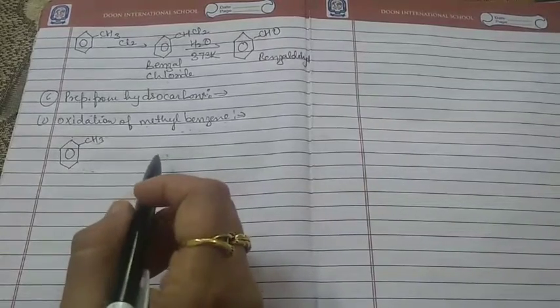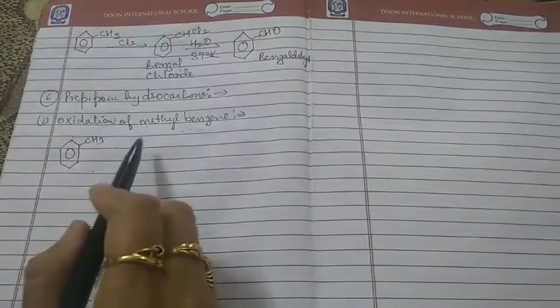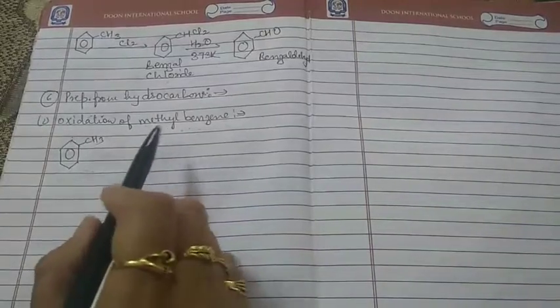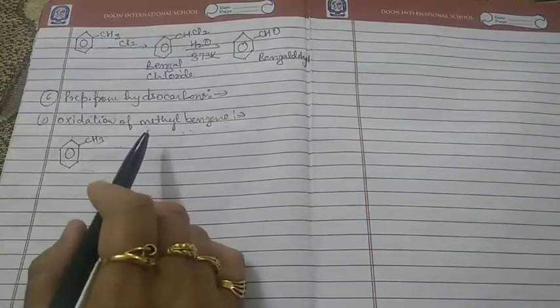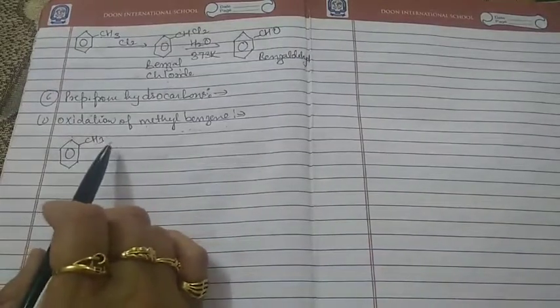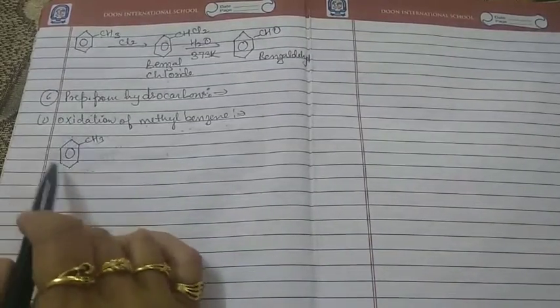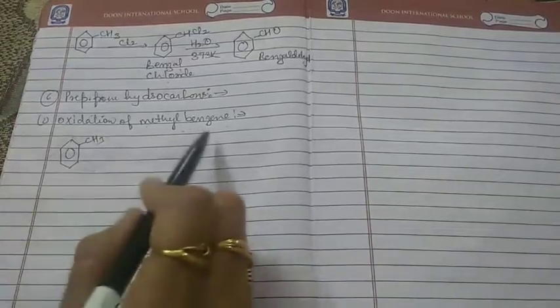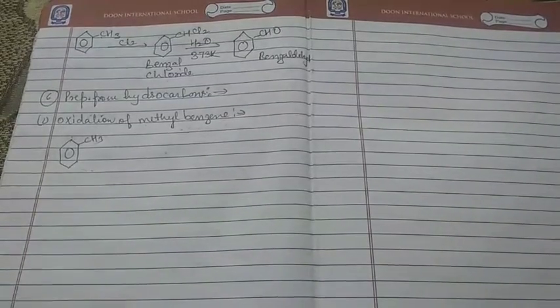With a suitable reagent that converts the methyl group to an intermediate that is difficult to oxidize further, there are two methods to convert methyl benzene to the aldehyde.